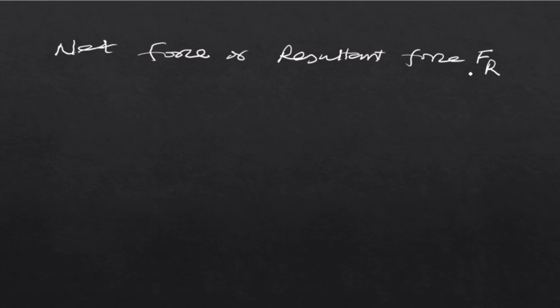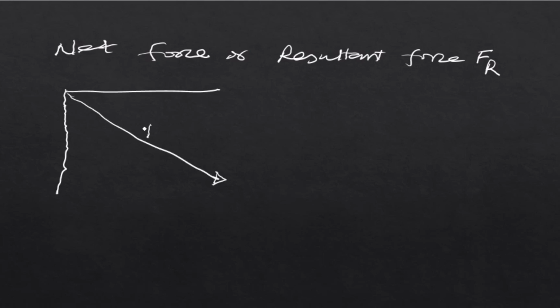Net force or resultant force, FR. First of all, we'll sketch a diagram where we can include the values for F1 and F2 that we have gotten. So from here we have this, we have this, we have the resultant coming from the center.